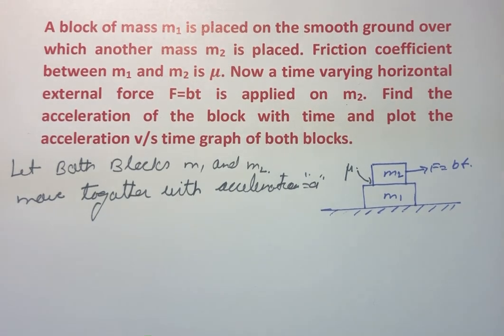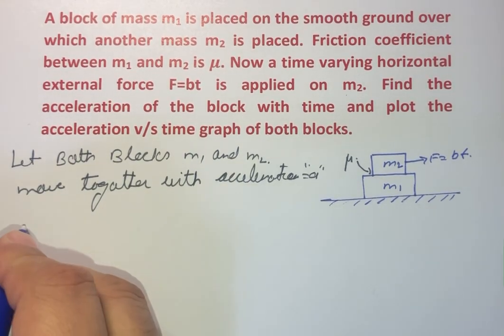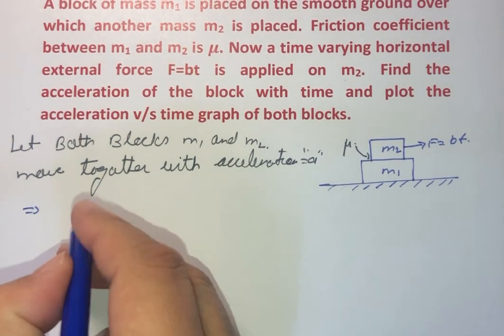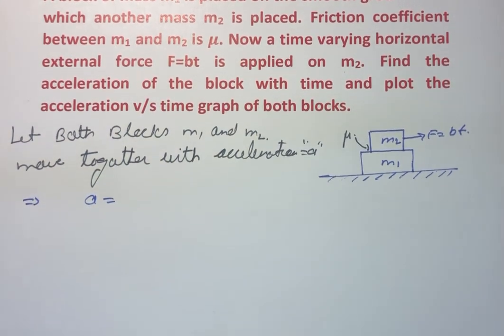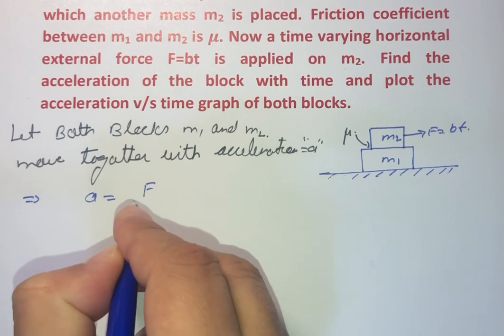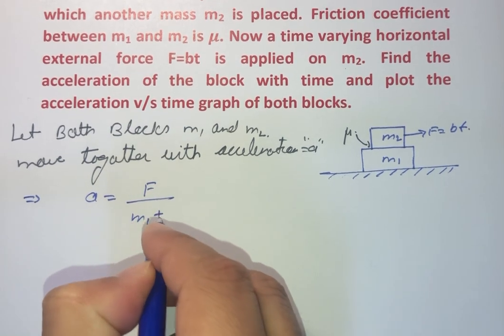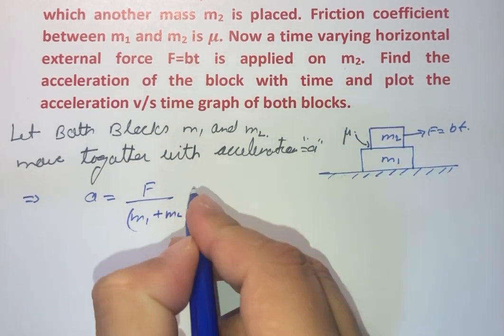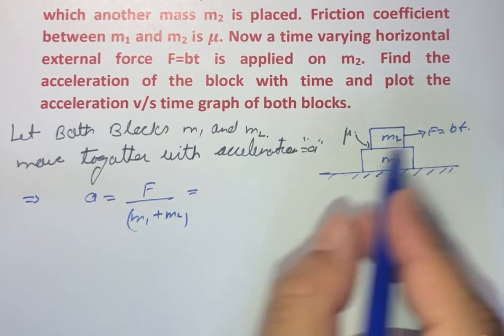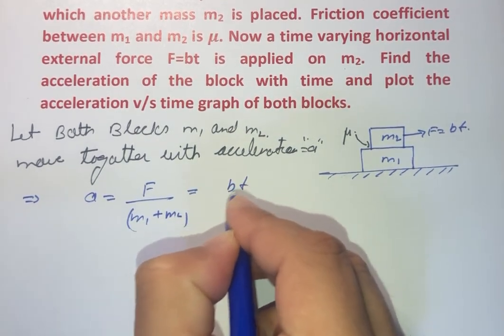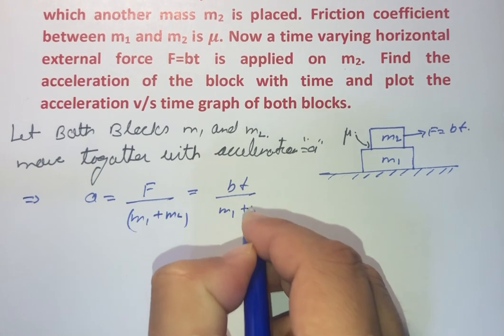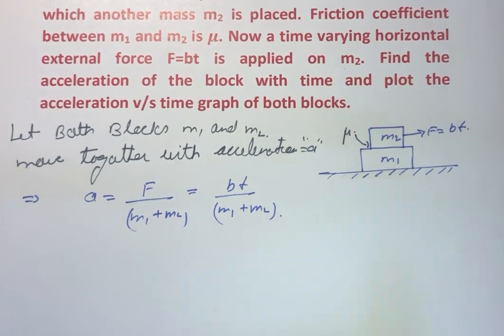Therefore, we can say that our acceleration a will be equal to applied force F divided by m1 plus m2, and if you put the value of F, which is bt, this will be bt divided by m1 plus m2.